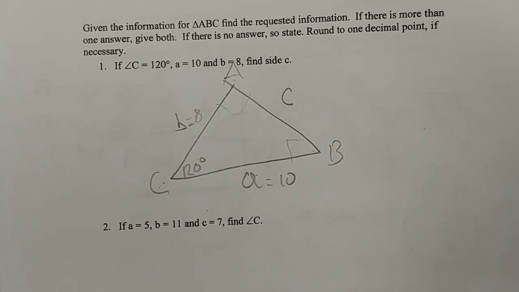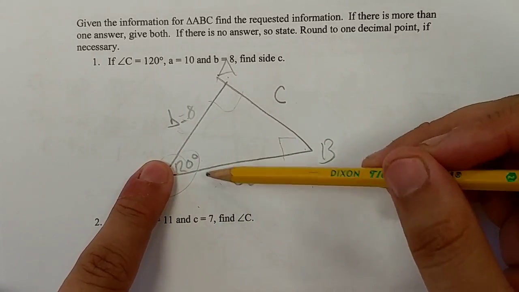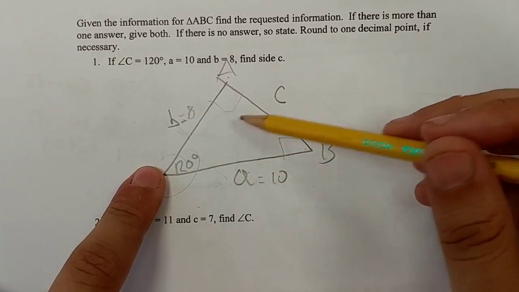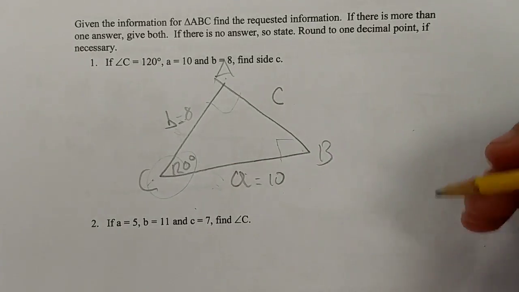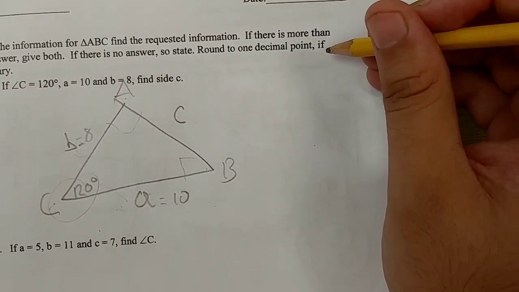If I remember my rule from the one I told you, you use law of cosines when you have an angle and the two sides adjacent to it. And since I have the angle plus the two sides adjacent to it, I don't have an angle and side pairing. I have to use law of cosines, which is typically the harder one. So let's see if we can solve this out.